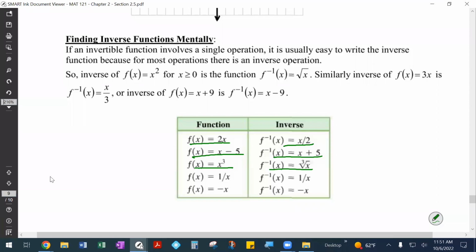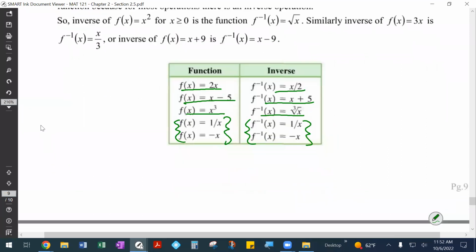However, you will notice for the bottom 2 functions, if your function is 1 divided by x, its inverse happens to be the function itself, 1 divided by x, and same thing with the negative x. They are inverses of each other. And if you want to verify, just use the switch and solve method, and you'll see we do in fact come up with the same answer.